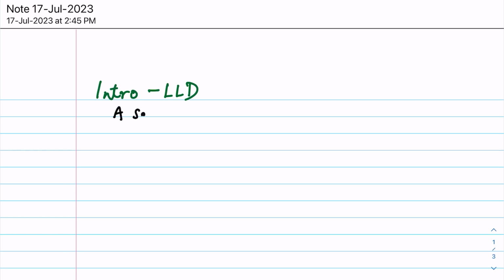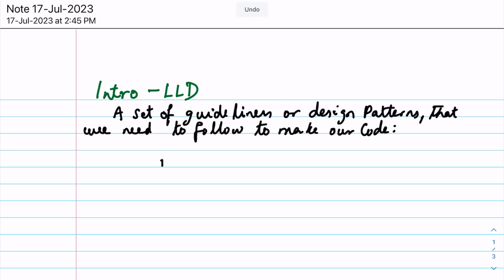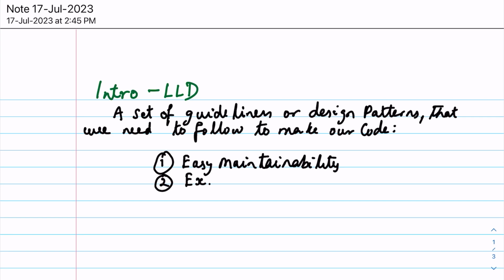LLD means a set of guidelines or design patterns that we need to follow to make our code. First point is easy maintainability. The second feature is extensibility.